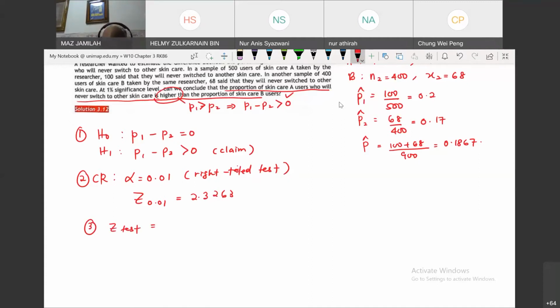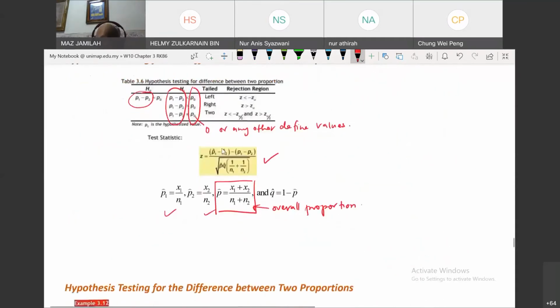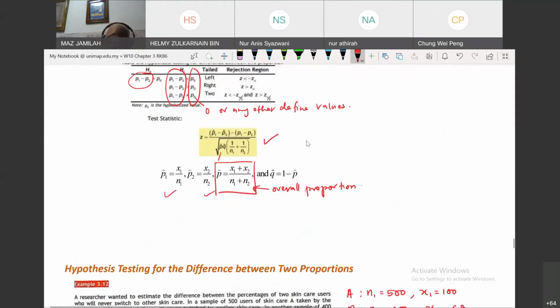That would be P1 hat minus P2 hat minus P1 minus P2, divided by the square root of the overall proportion.